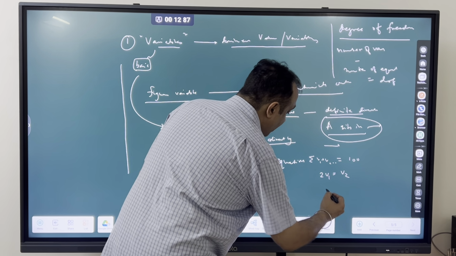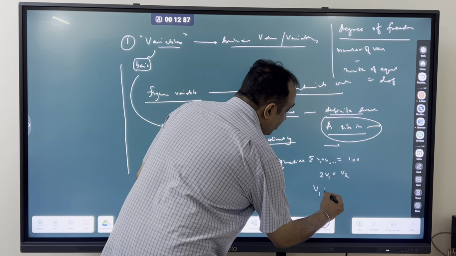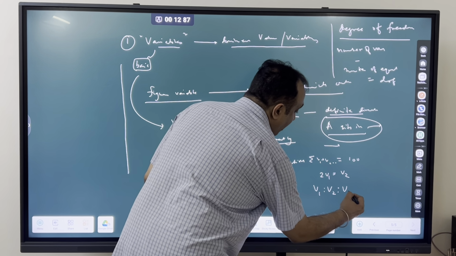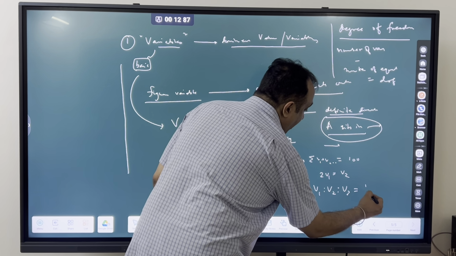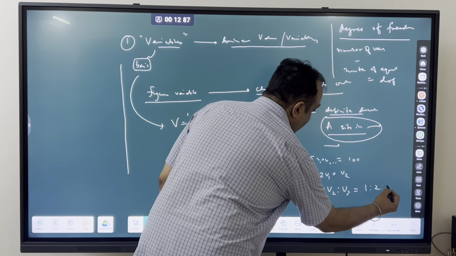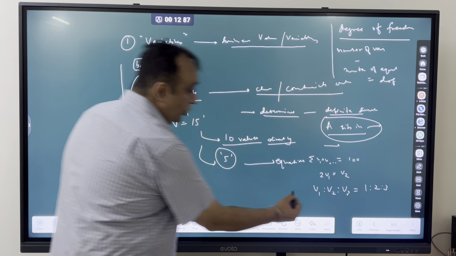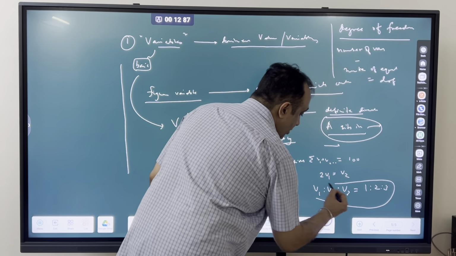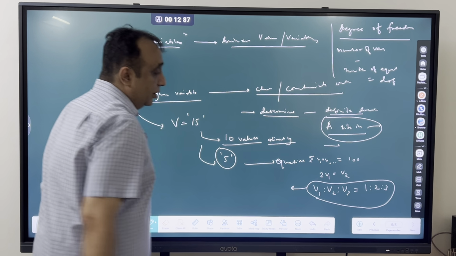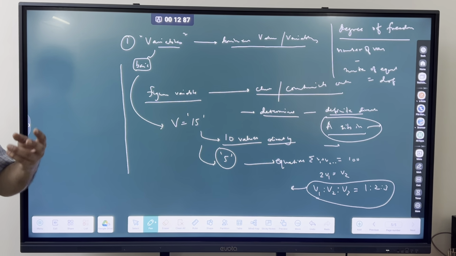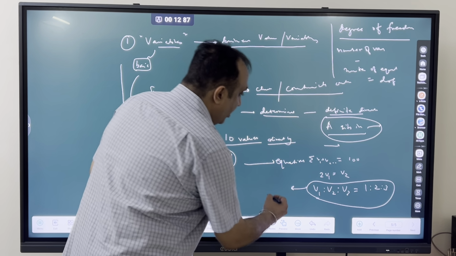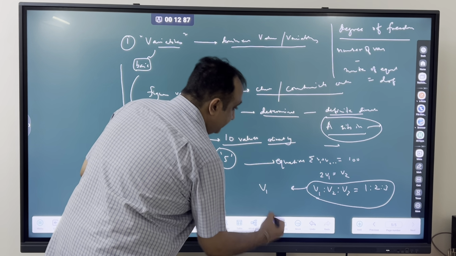Or you might be given the form of a ratio, saying V1 is to V2 is to V3 is in the ratio of 1 is to 2 is to 3. This would also resolve into two equations.